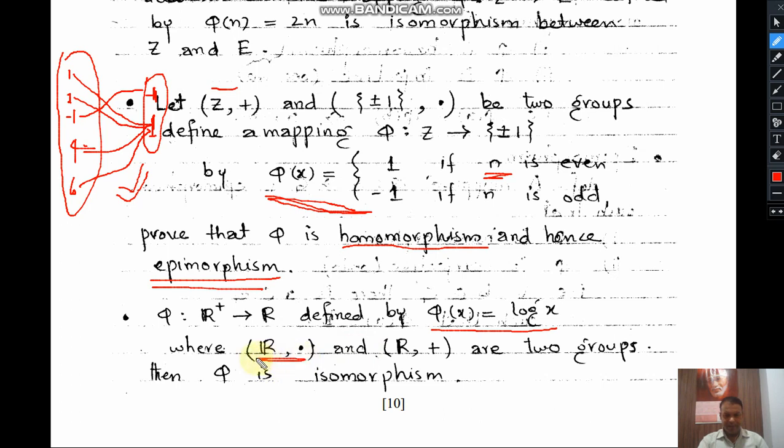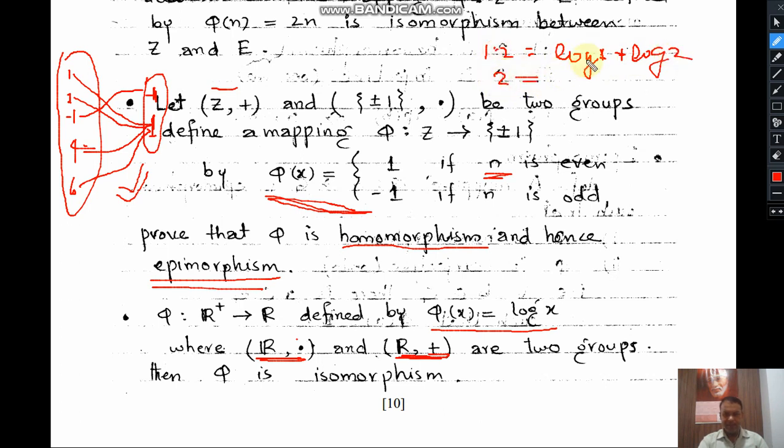Similarly, consider the relation phi of x equal to log x, where the elements of the first group are real numbers with multiplication, and in the second the elements are real numbers obtained from this log, with the addition operation. Let us suppose I have two elements 1 and 2, and the mapping of 1 is log 1 and the mapping of 2 is log 2. Finally 1 times 2 is equal to 2.